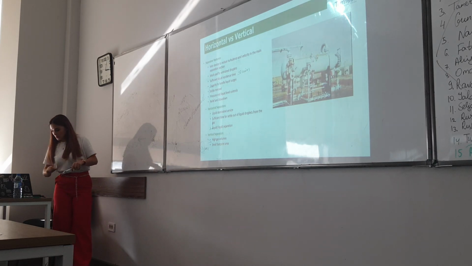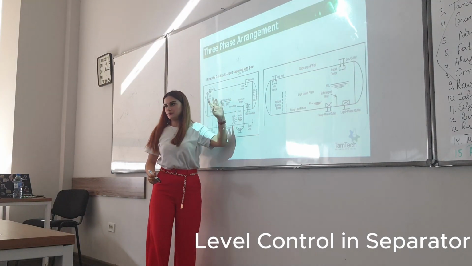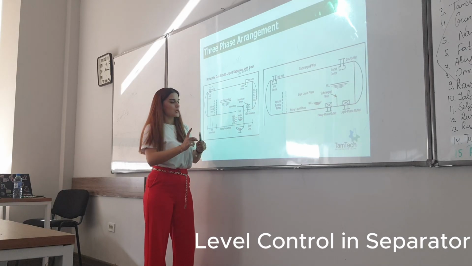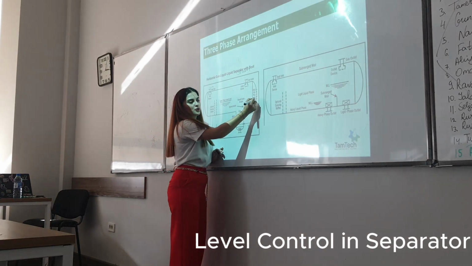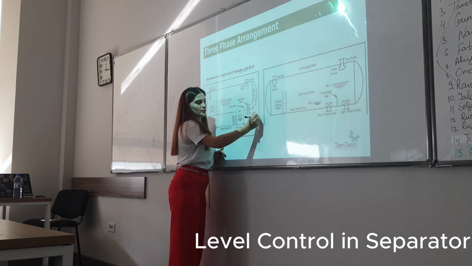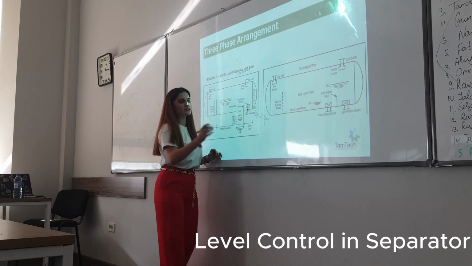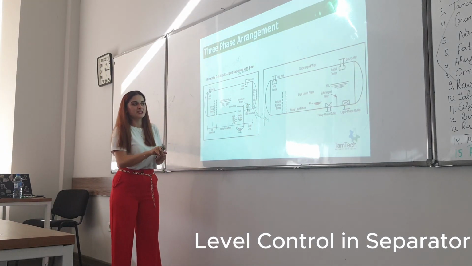Now go back to this HLL, LLL. All of them have some meaning, and this is part of the control system. LLL is the low liquid level. It means this is the lowest design case that you could get in the separator.